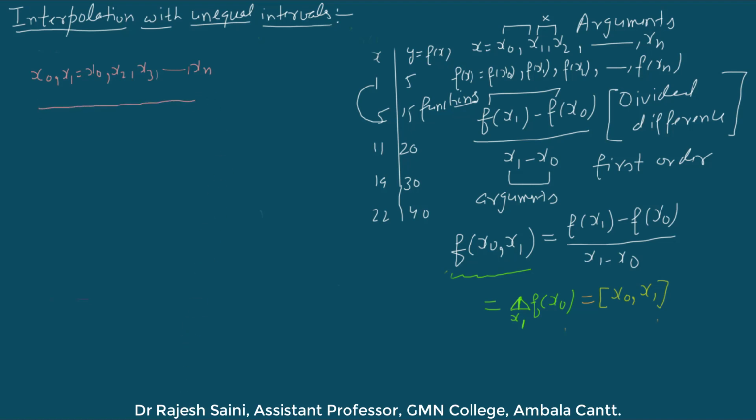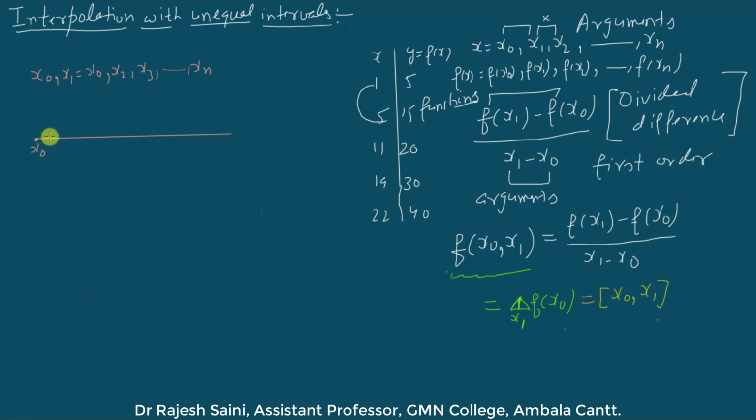Let us say this is the line, you will try to understand, and this was the point x0, this was the point x1, x2, and these are not equally spaced, so I should take them unequally.